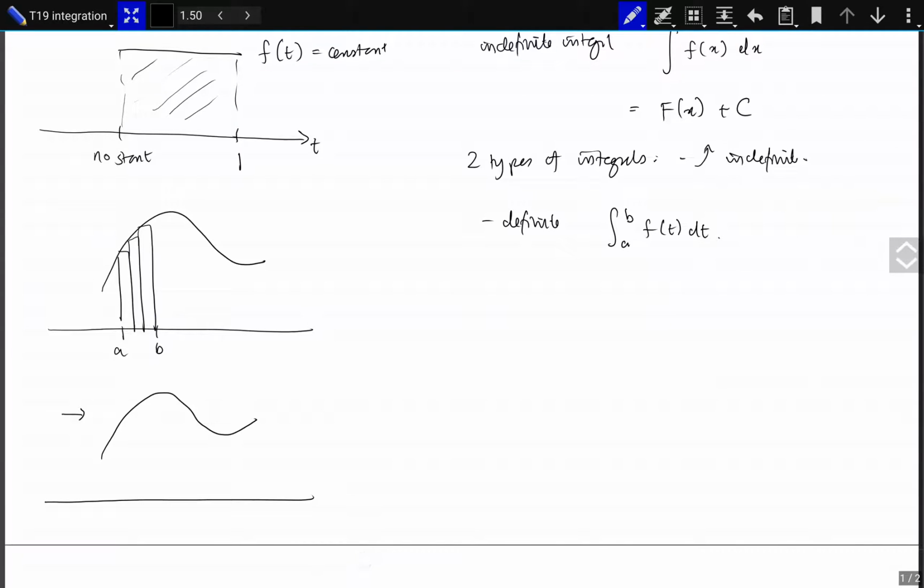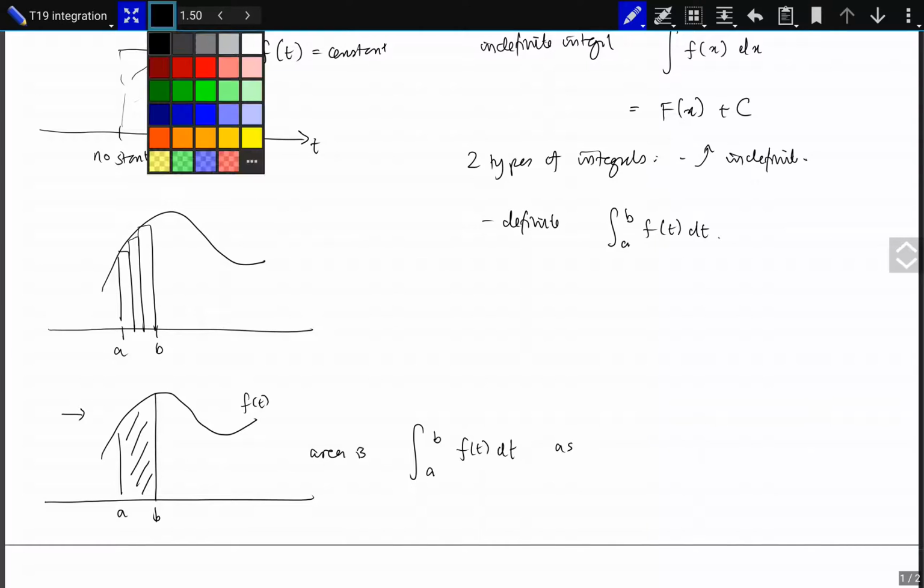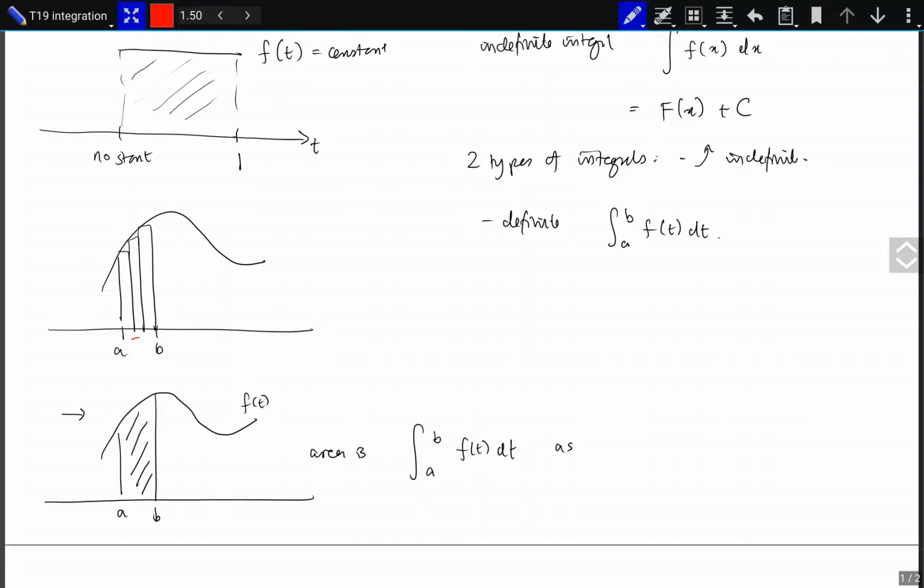So it's the limit as this width gets smaller.